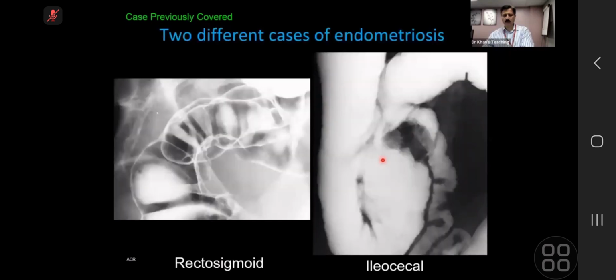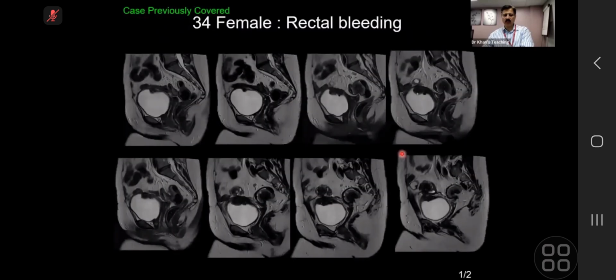Another case, and here you can see something is sitting at the serosal surface of the rectosigmoid, but this one is endometriosis. Another example, and another example sitting at the ileocecal junction. I had also shown you this MR, which is a very important exam case, where there is a deposit of endometriosis at the rectosigmoid.